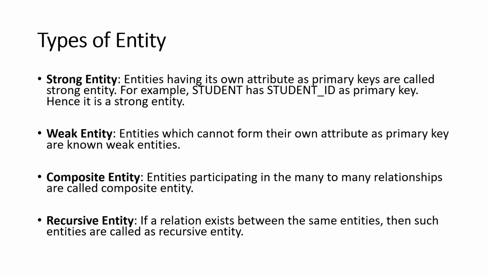So here we will study about types of entity. Basic types of entity are strong and weak entity. Suppose we are having a table, and if an entity has its own attribute as primary key, it is a strong entity. At this time you don't know about primary key, so it's difficult to understand, but I will discuss primary key and you will be able to understand it easily.